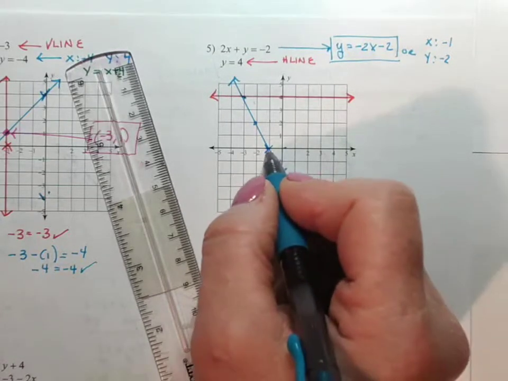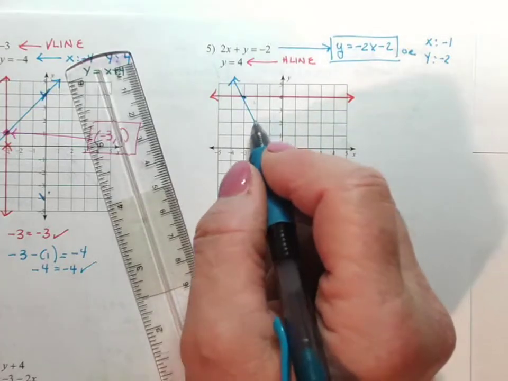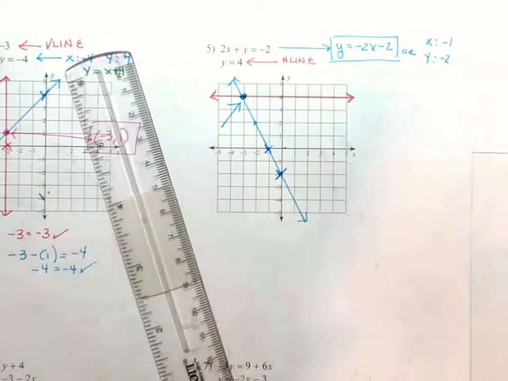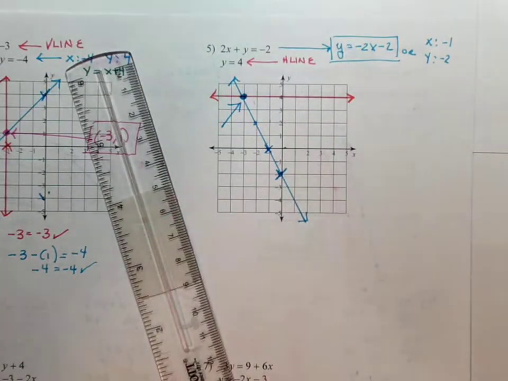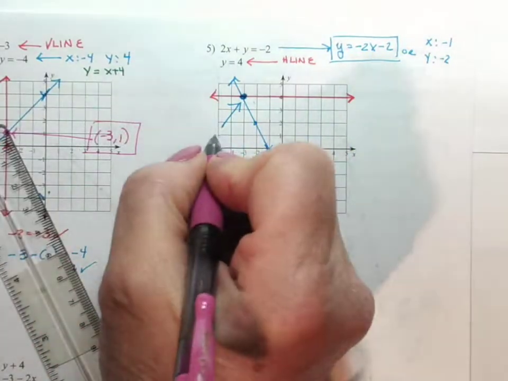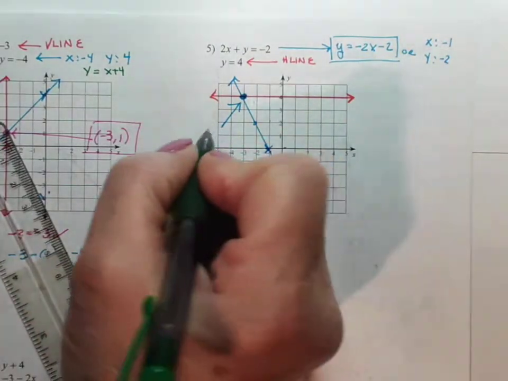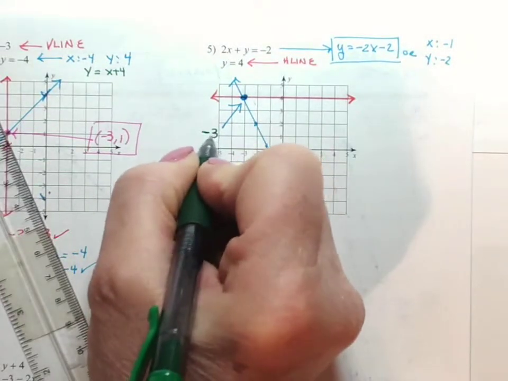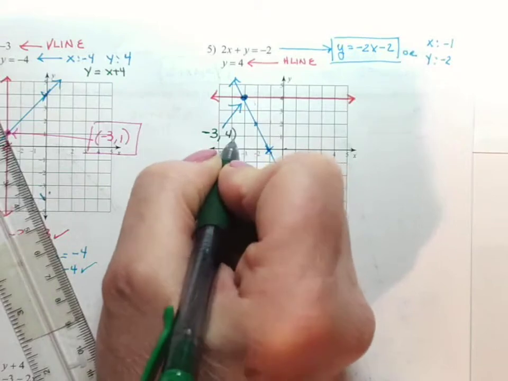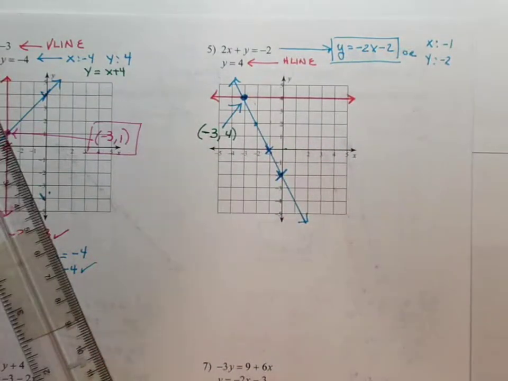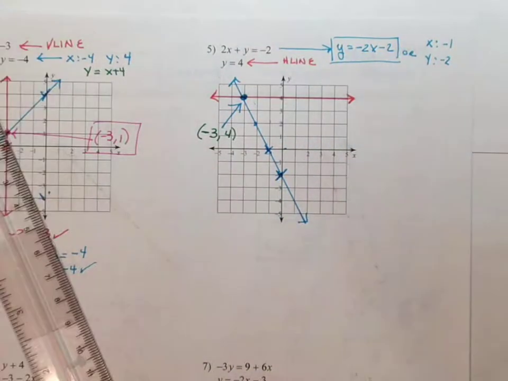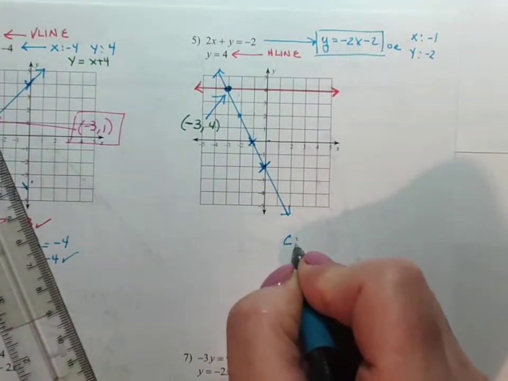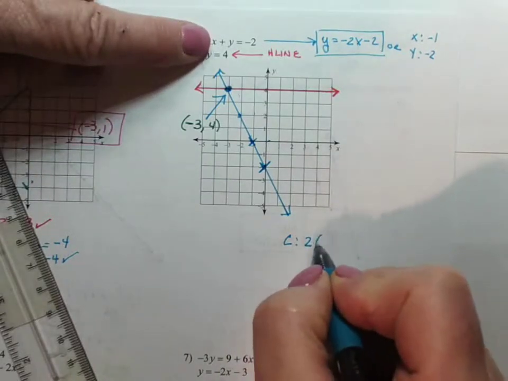I use slope, go up 2 over 1, up 2 over 1, up 2 over 1, and bang, I hit the line. So that makes me very happy because the solution here is, hopefully, when I check it, going to be (-3, 4). And I'm going to check in both equations.